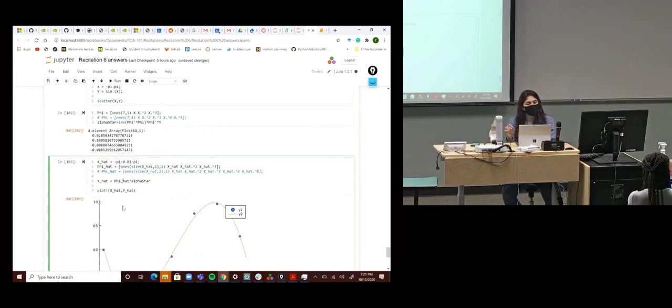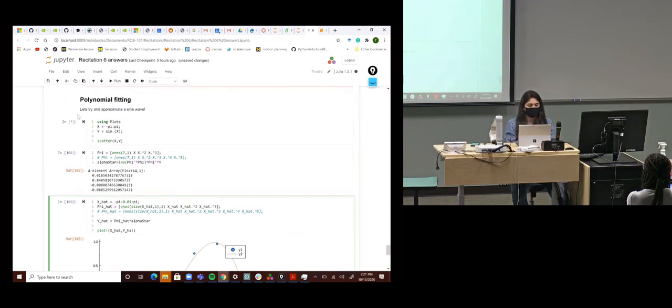So you want your x to go from minus pi to pi, and instead of going in intervals of 1, I want it to go in intervals of 0.1. And then there, I predict my y hat, which is phi hat times alpha star.